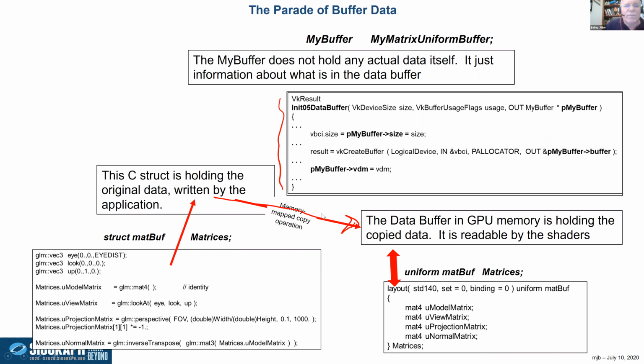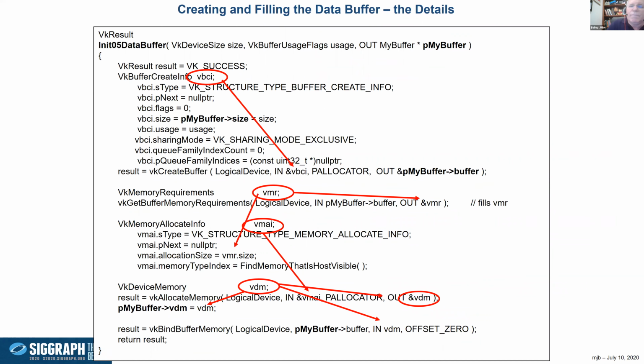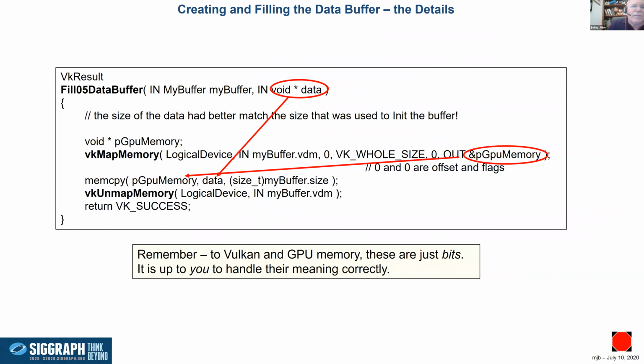So what we just talked about with the memory mapping, that's exactly what you go through to change your uniform variables. So it should look pretty familiar. Here we're filling the buffer with that matrix structure. So anyway, we've seen this.